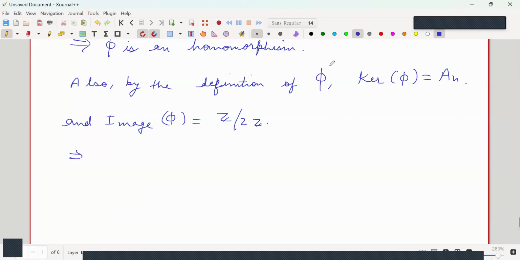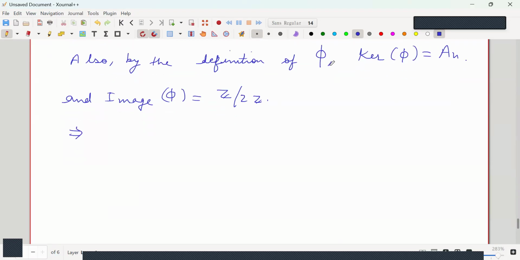Can you help me complete it? Yes, the first isomorphism theorem can be used here.